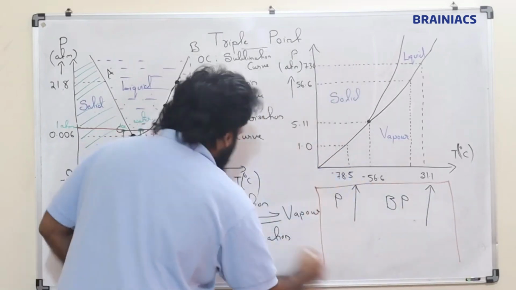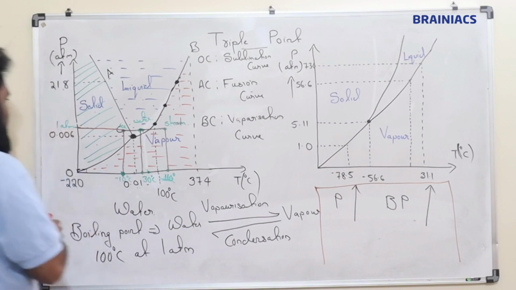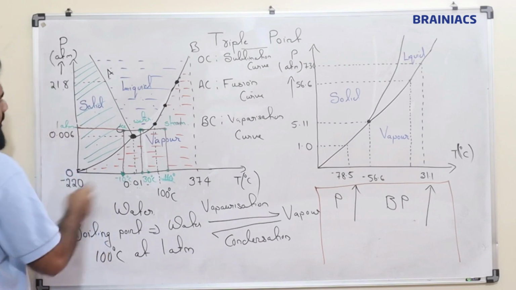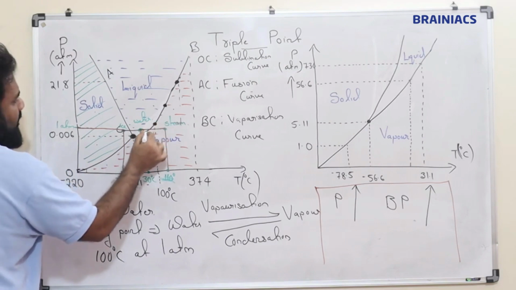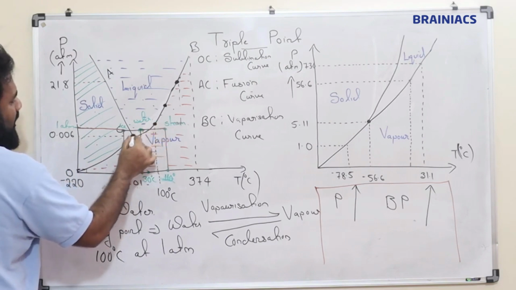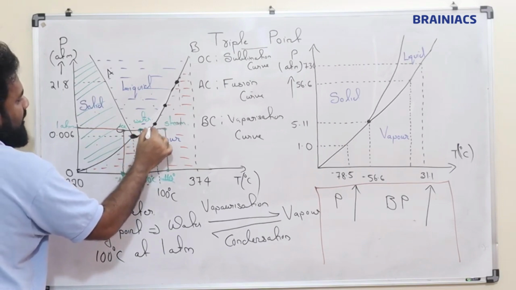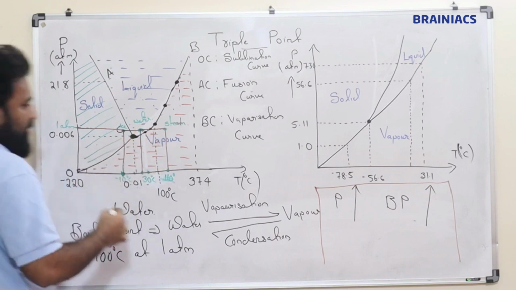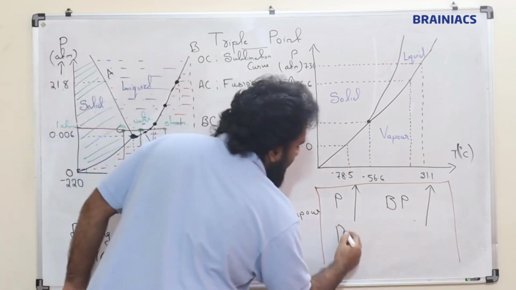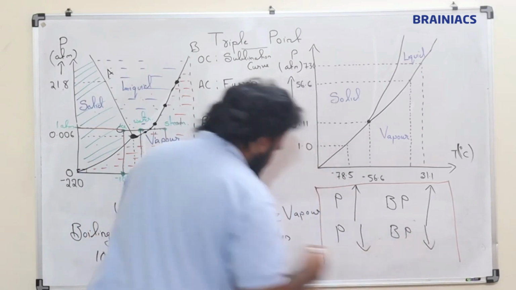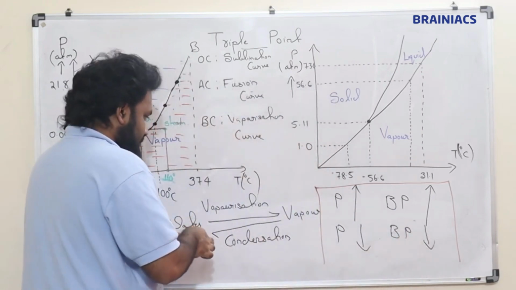When we increase the pressure, boiling point increases. Same way we can see when we decrease the pressure. This boiling point, what happens? Boiling point decreases. When we decrease the pressure, boiling point decreases.